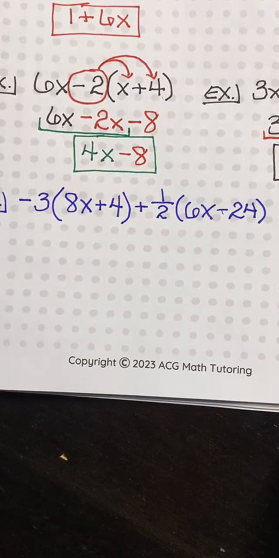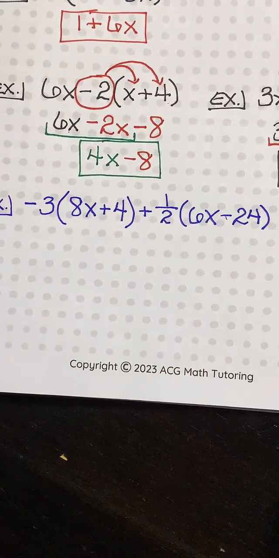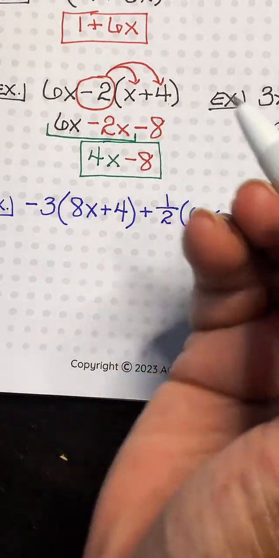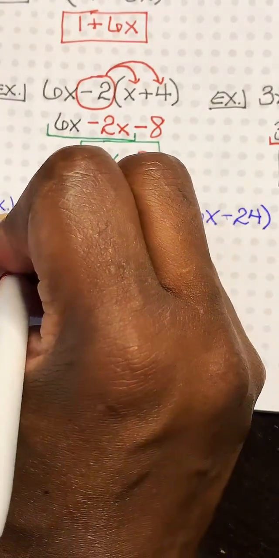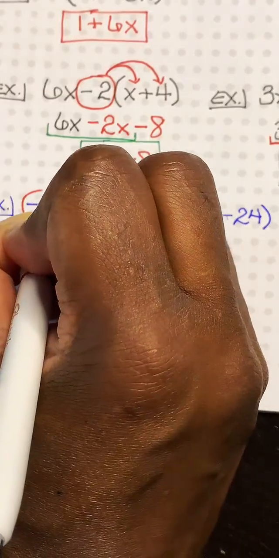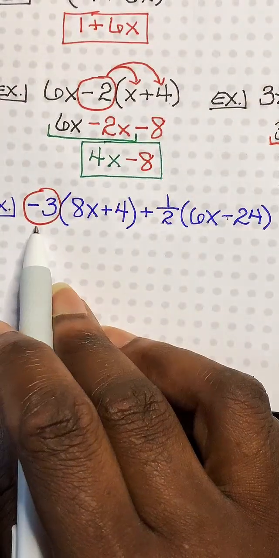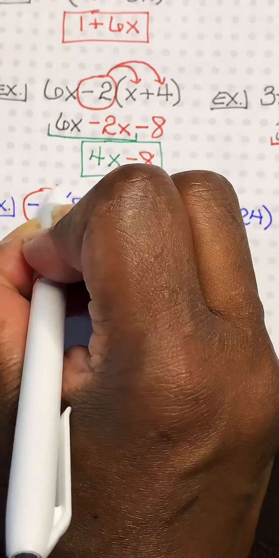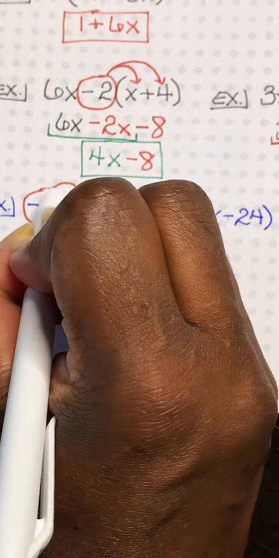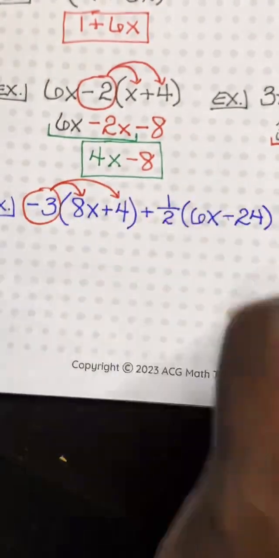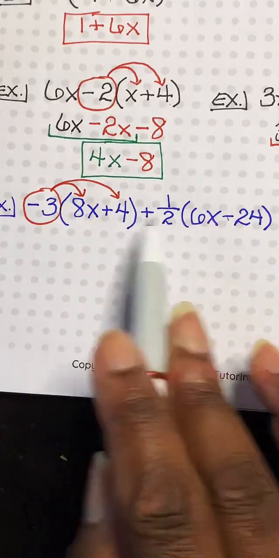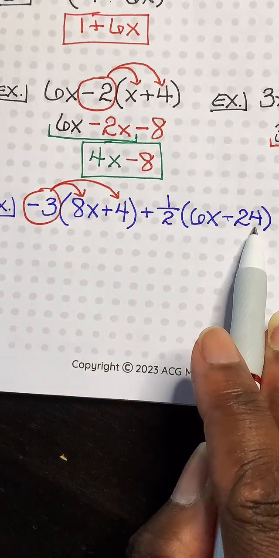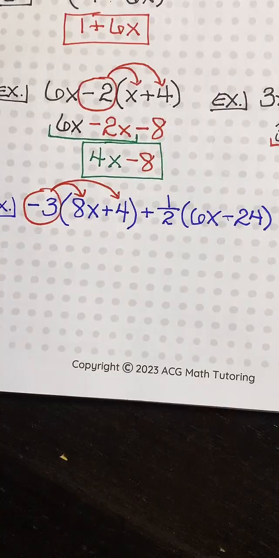So negative 12x minus 24 maybe. All right, let's take a look in a book, Reading Rainbow. So we have negative 3. We're going to distribute that negative 3 to everything inside of the parentheses, because if I look inside the parentheses, there's nothing for me to combine.